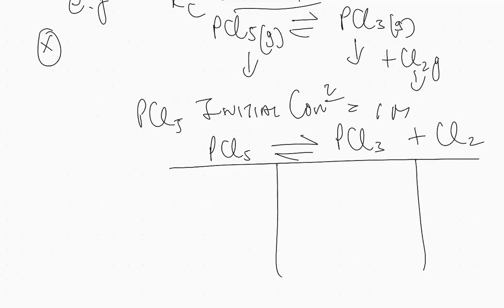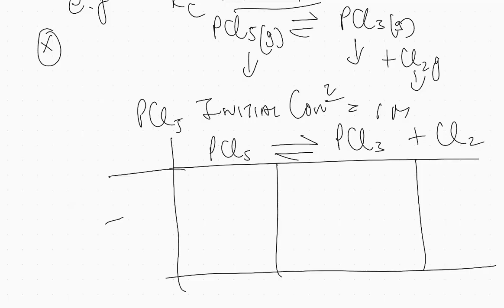Write it: initial, change, equilibrium. Given initial, yes, they have given the initial for PCl5 as 1.